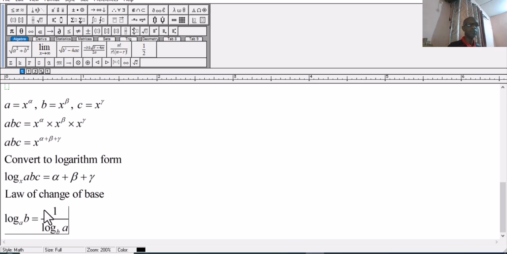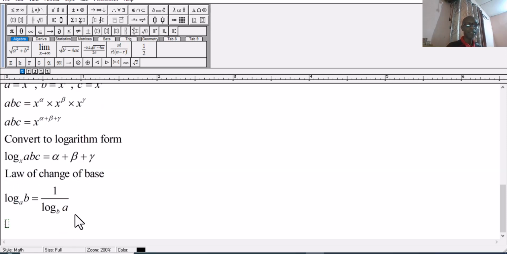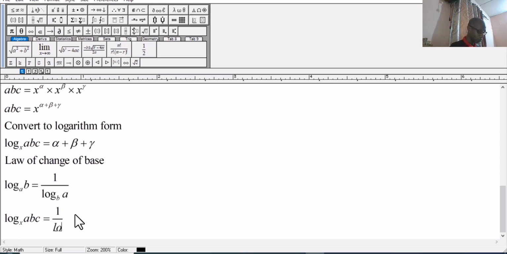So what this means is that I can rewrite this as 1 over log abc to base x.